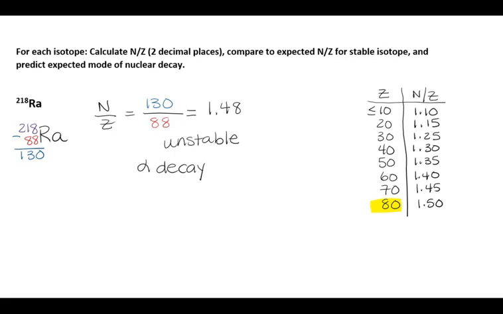In this particular example, the N to Z ratio isn't helping us. It isn't part of how we are predicting the mode of decay, because this isotope is a higher Z, greater than 82. But the problem asked us to calculate the N to Z, so we did, and we predicted the mode of decay.